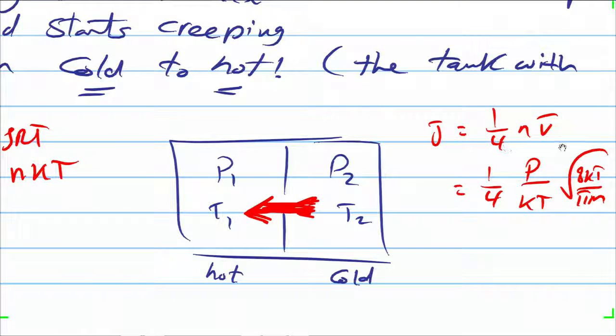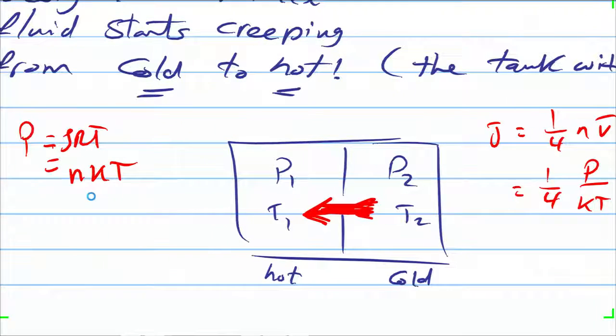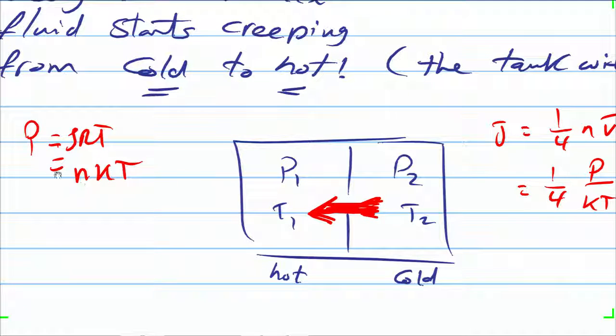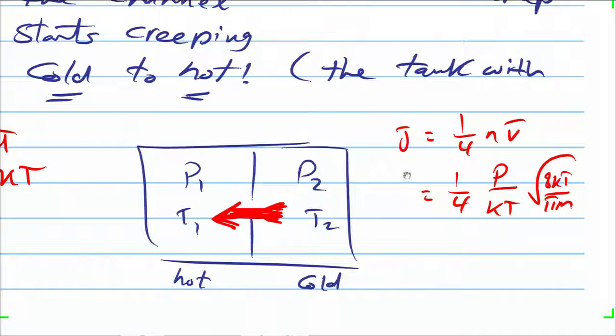The flux is N multiplied by V. So yes, there is a square root of T over here, and that will tend to make this bigger, but actually there is the N from this part, P is NkT, therefore N is P over kT. Then the flux actually scales not with the square root of T, but with 1 over the square root of T. So the colder fluid has more molecules moving through than the hot.